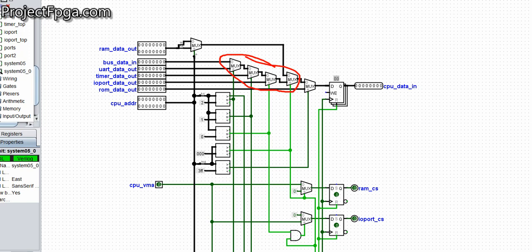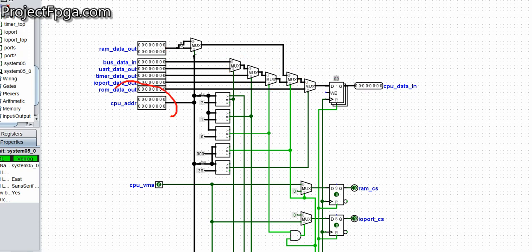So at the end, after making the choices, the particular data is now saved at the CPU data in. So this CPU data in goes straight to the CPU. So this is the actual data the CPU wants to read. So that is the job of the control unit, to choose between these sets of inputs to know which of them the CPU wants to communicate with, and it does that.